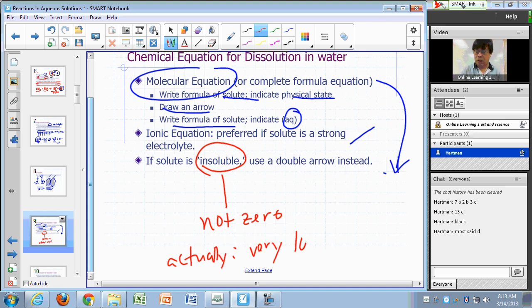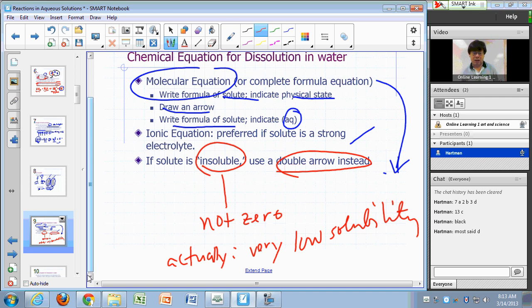For practical purposes, we say there's hardly any of it that will dissolve, but you do get some of it in solution, and so you still use an ionic equation if it is a strong electrolyte, but then you have to indicate a double arrow to show that your solute is not soluble in water.